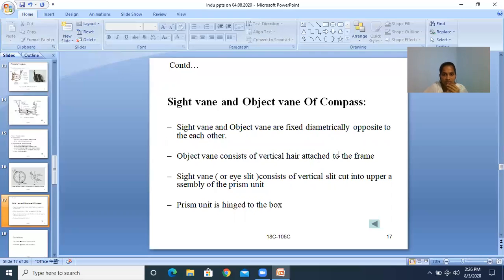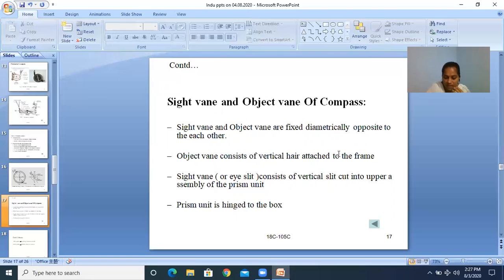And the next one is the sight vane and object vane of compass. Sight vane or eye vane, and object vane of compass survey. Sight vane and object vane are fixed diametrically opposite to each other.